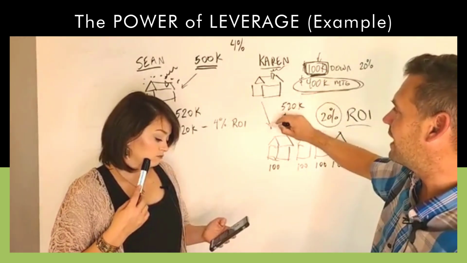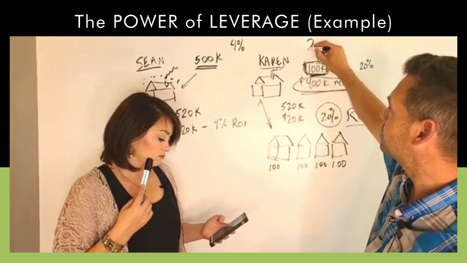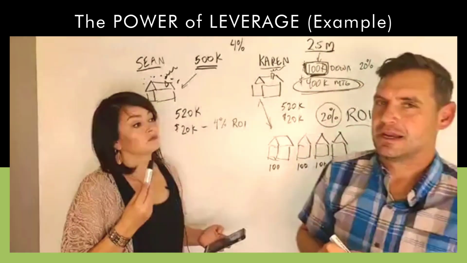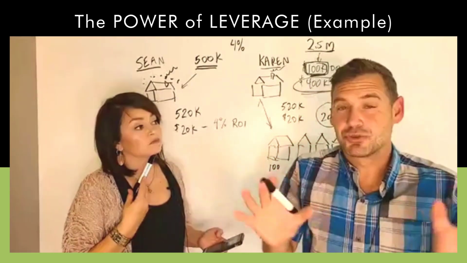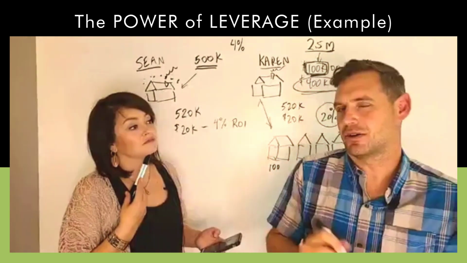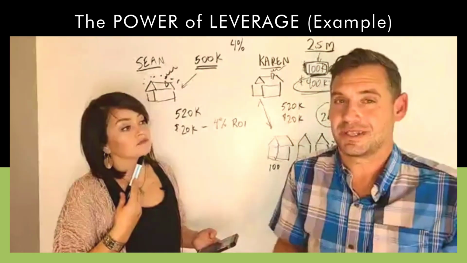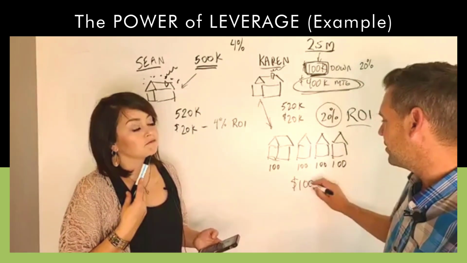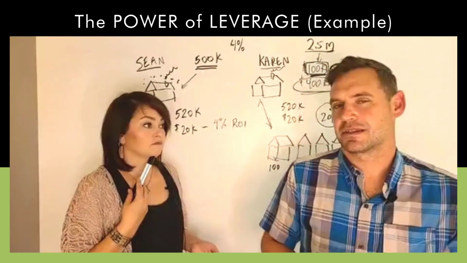She now owns 5 houses. She owns $2.5 million worth of real estate. Now, here is where it really starts to get cool, is that because she owns $2.5 million in real estate and it goes up 4%, now she's making $100,000 of return in this case.